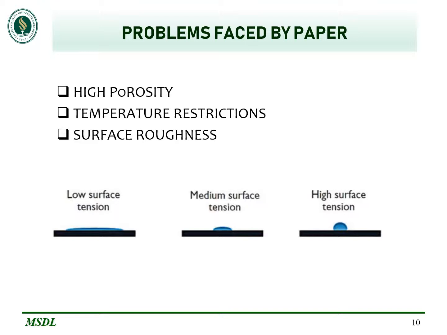Highly absorbent substrates such as paper are not typically suitable for printed electronics applications. Since the maximum fabrication temperature is limited to approximately 100 degrees, using a paper substrate faces temperature restrictions.